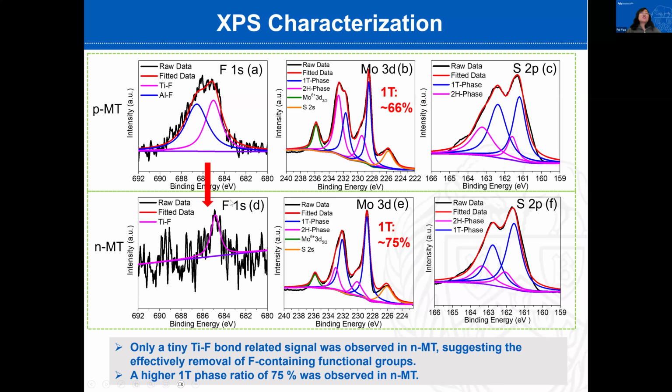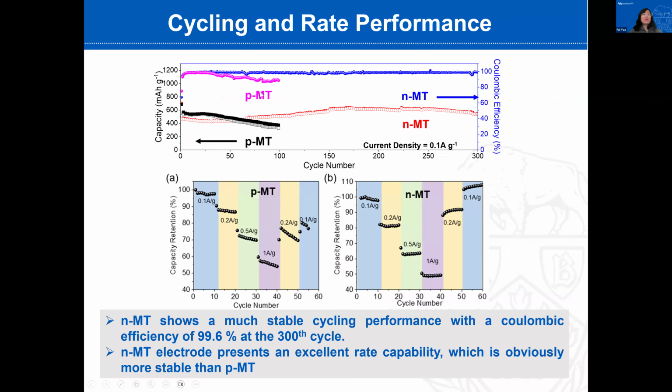The XPS suggested that the original low fluorine content was further reduced after the treatment, and the 1T ratio increased from the 60-something to 75%. Applying this material as a battery anode, we expect better performance with the n-butyllithium treated ones, which is evidenced by this capacity versus cycle number curve. You can see the capacity maintains very good stability, around 600 milliamp hours per gram for the n-butyllithium treated sample at a current density of 0.1 amps per gram.